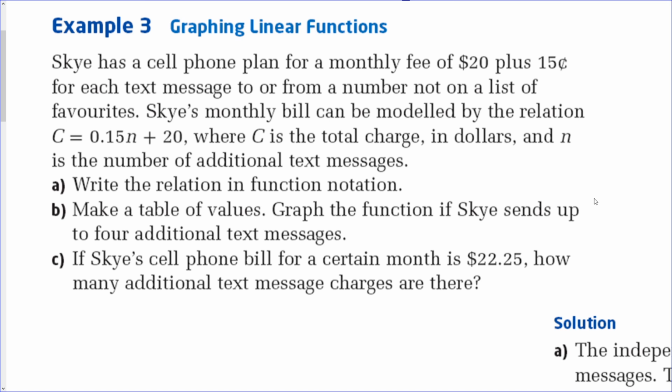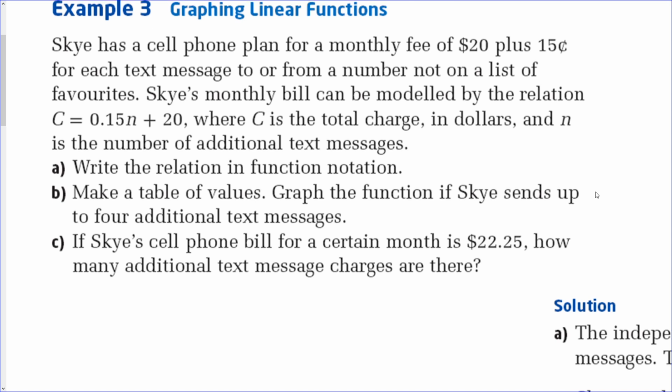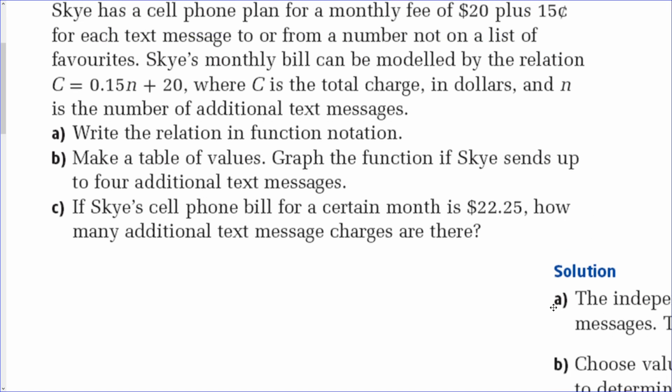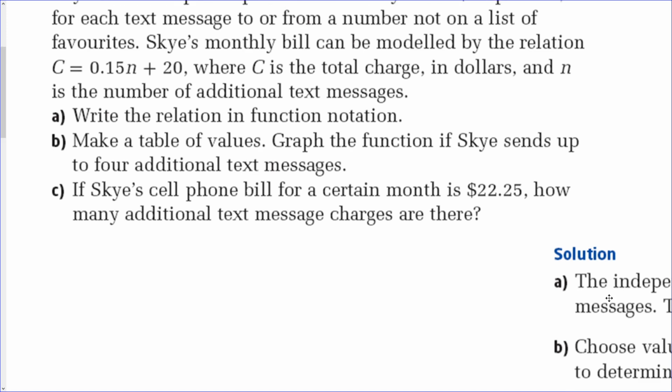There are a few ways that we can do this. We'll start with A. If I want to write the relation in function notation, usually I'd use F. They do something slightly different in their example. I don't really like it, so we're just going to use F once again.